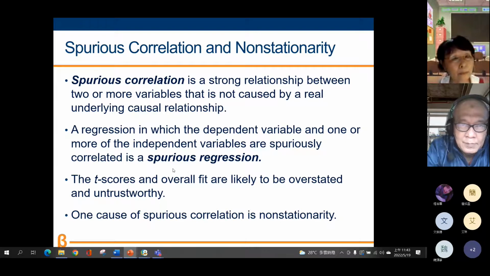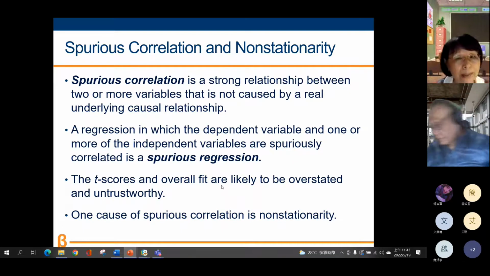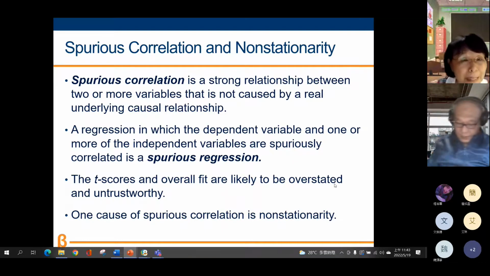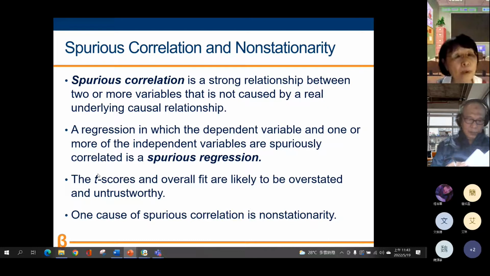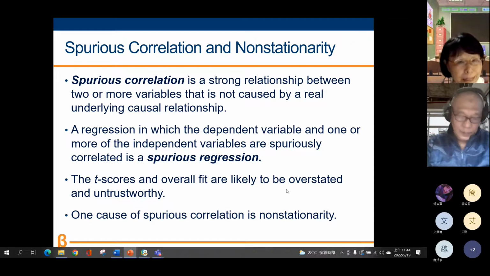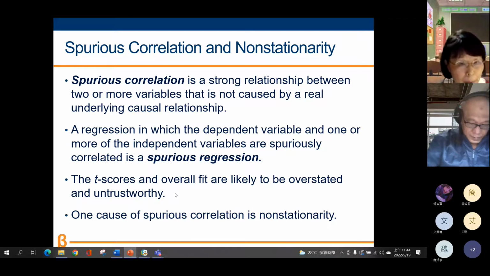And what happens if we have a spurious regression? We know that the t-scores and the overall fit, I mean the R-square, are likely to be overstated and untrustworthy. It means that all the significant t-scores or the high R-square values are just overstated and not reliable.